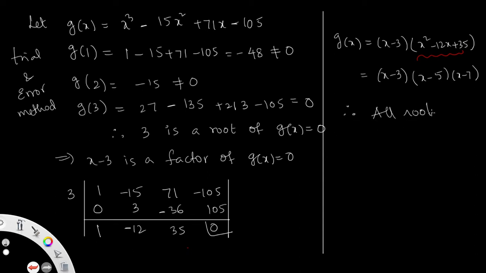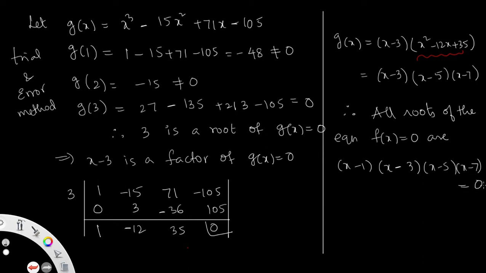Therefore all the roots of the equation f of x equal to 0 are in the form of x minus 1, x minus 3, x minus 5 and x minus 7 equal to 0.